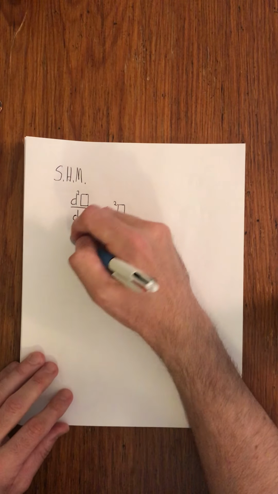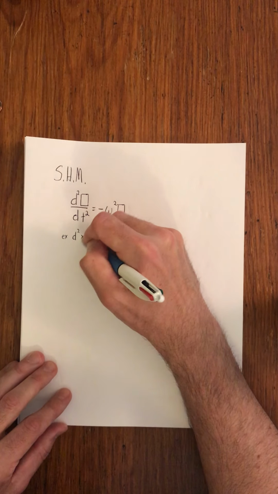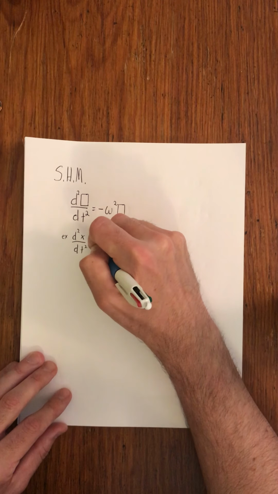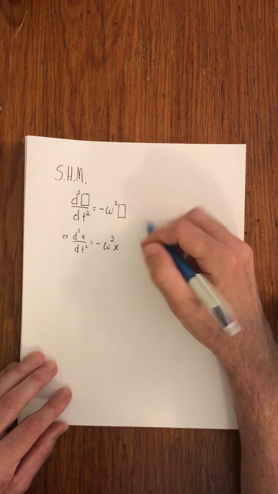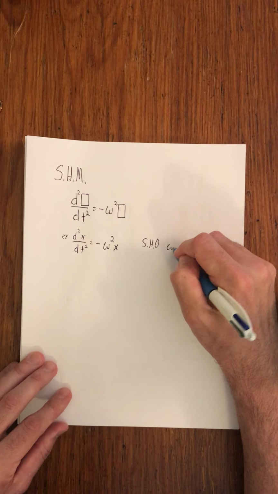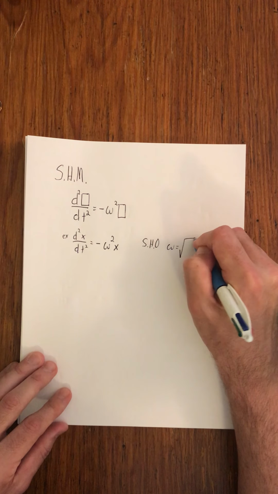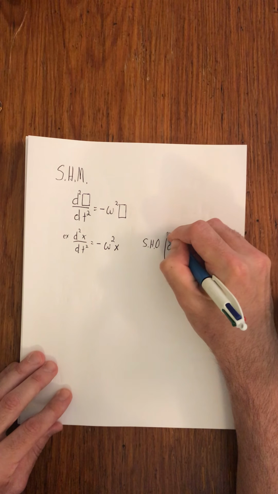Okay? And so in our specific example here, we had d squared x dt squared equal to negative omega squared x, where for the simple harmonic oscillator, omega was equal to radical k over m. This is very specific to the context.